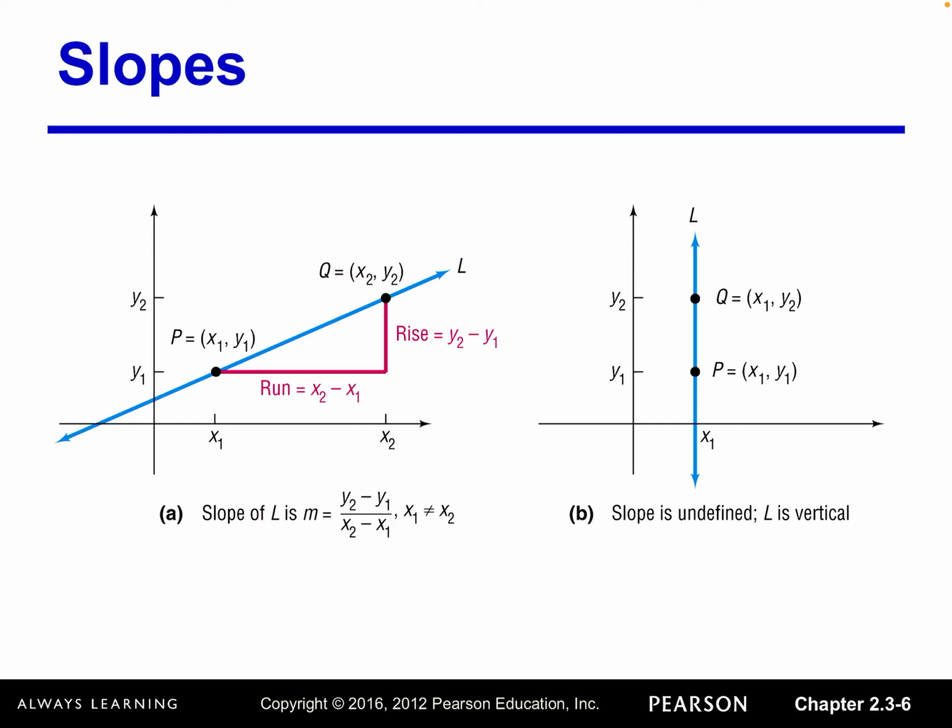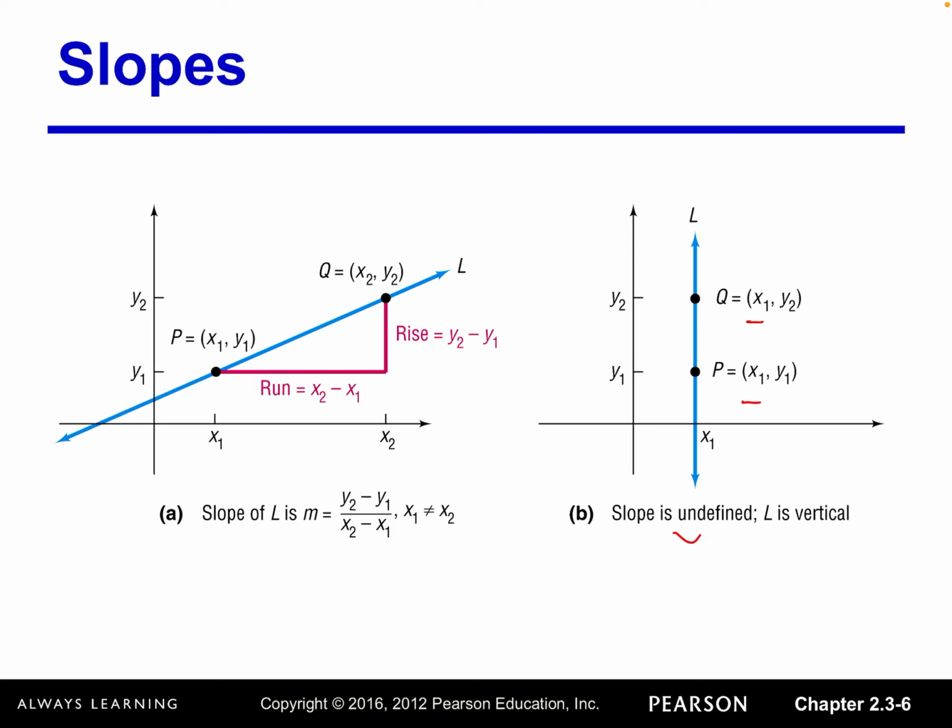This graph is just illustrating it again. What is the rise, what is the run, and the slope is the ratio of the two. And B is showing you the special case when x1 and x2, the two points' x coordinates, are identical, and that represents a vertical line.